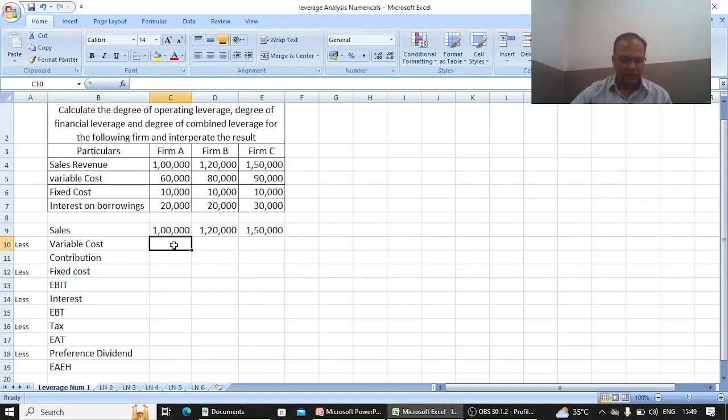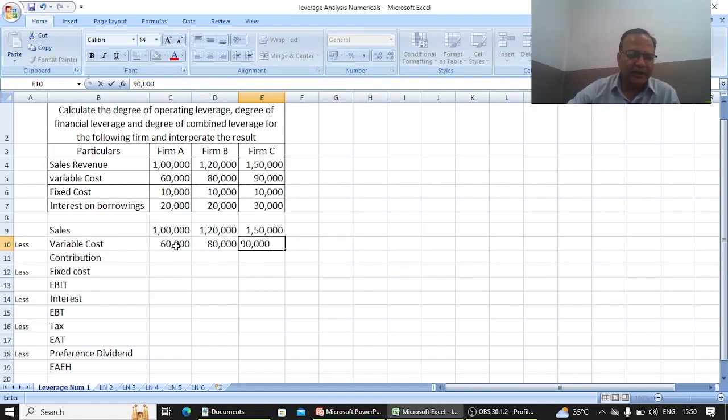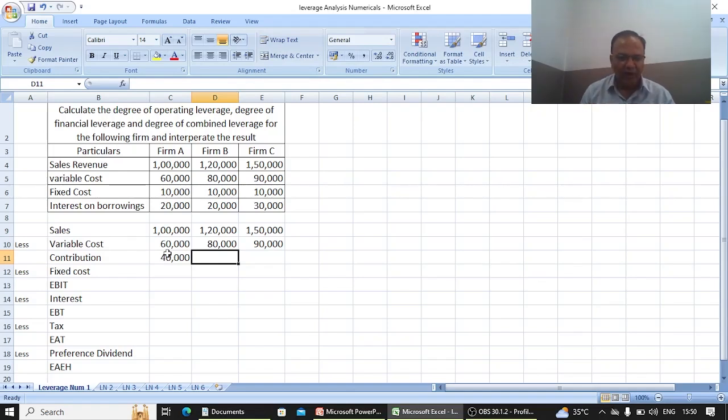Variable cost is 60,000, 80,000, and 90,000. Now you have to deduct variable cost from sales. Now contribution will be 40,000, 120 minus 80 will be 40,000. 150 minus 90 will be 60,000.